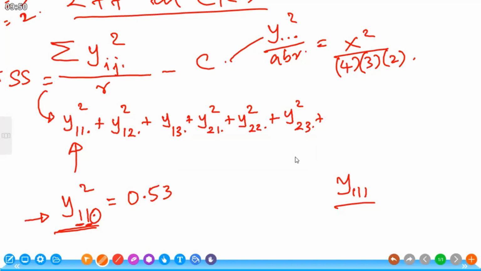Is that correct? Yes sir. Now you see, when you see the dot here, we are adding across the replicate. So square it. This is the answer for the first one. Let me ask for the second one. Anyone?